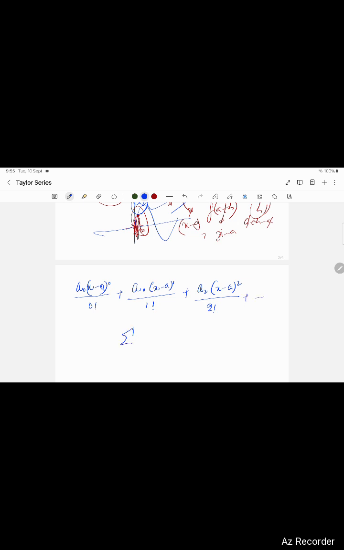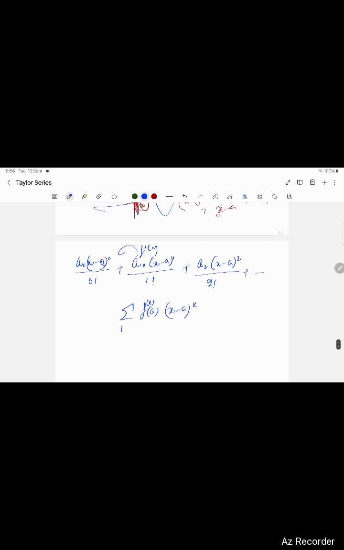Or we can represent it with the coefficients calculated using the derivative: f to the k of a, and x minus a to the k, where k runs from 0 to n, divided by k factorial. This is the Taylor expansion of any function.